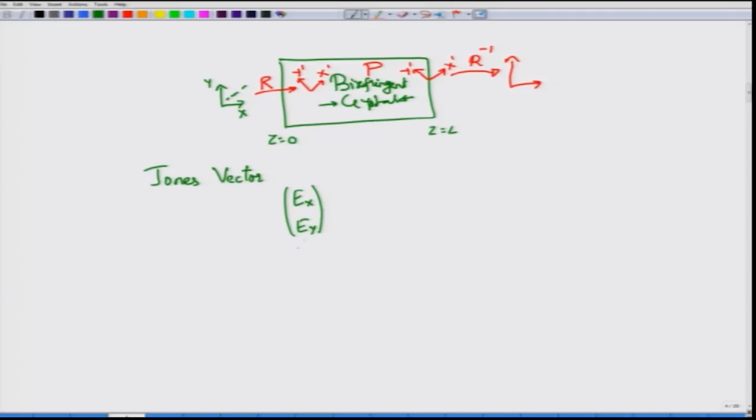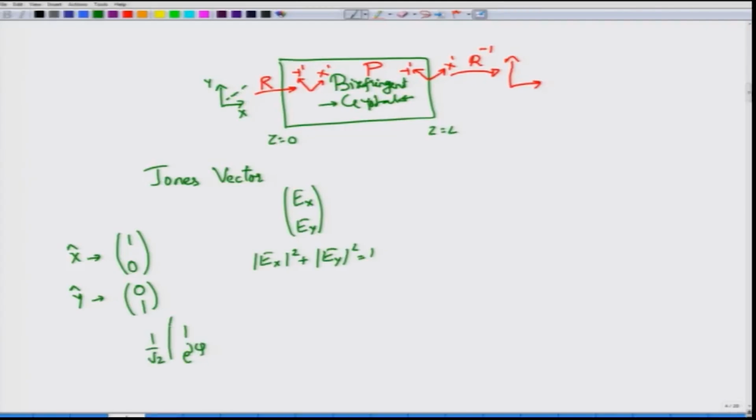Of course, you would have normalized this in such a way that the magnitude of Ex squared plus the magnitude of Ey squared is equal to 1. For simplicity, an x polarized wave would be written as 1, 0. So, this is for the x polarized wave. A y polarized wave was written as 0, 1, and in general, if you have a linear polarization, you can write this as 1 over root 2 times 1, e to the power j phi.